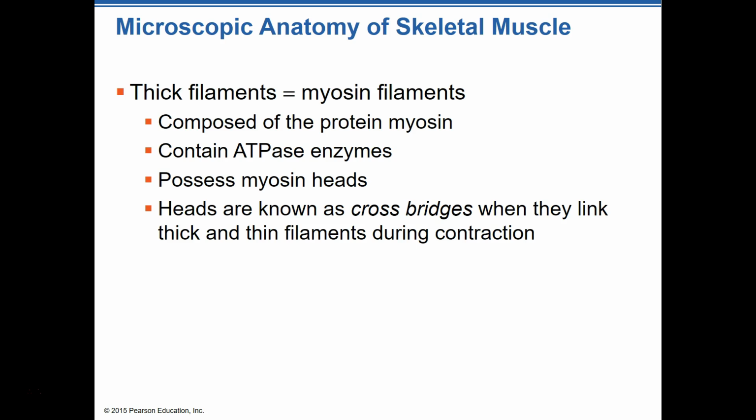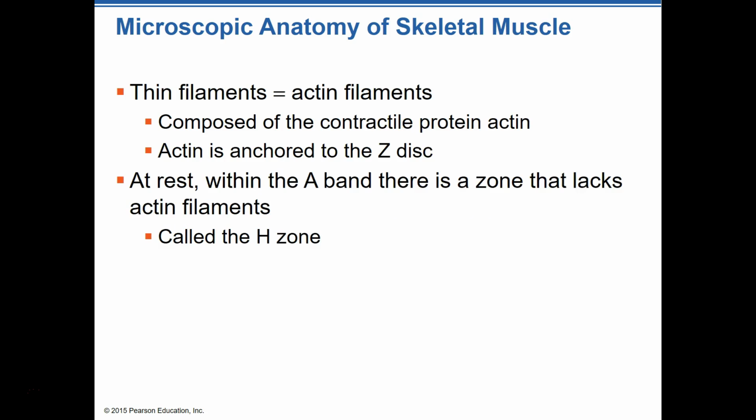And these heads are also known as cross bridges because they are the link between the thick and thin filaments. Remember how I told you that those two filaments are going to interact and they're going to pull together to get shorter? It's the myosin filaments, the head of the myosin, that actually cause that pulling together or that contraction to take place. Thin filaments are the actin filaments.